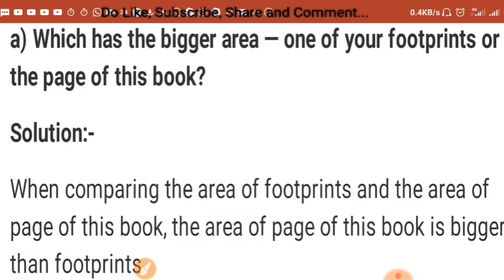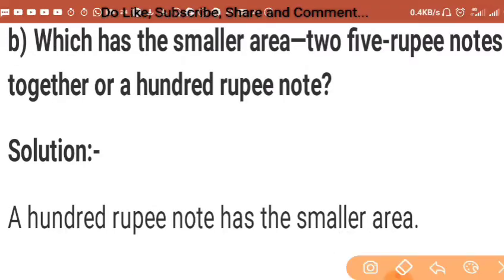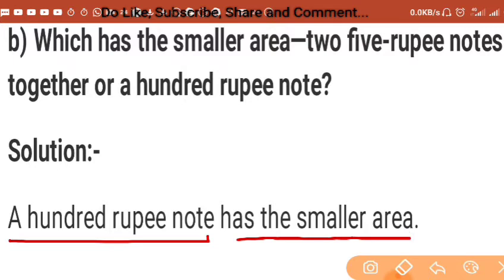Next, question number 2: which has the smaller area, two 5 rupee notes together or a 100 rupee note? This time you have to imagine again. So the answer will be the 100 rupee note. The 100 rupee note has the smaller area because we have two 5 rupee notes.